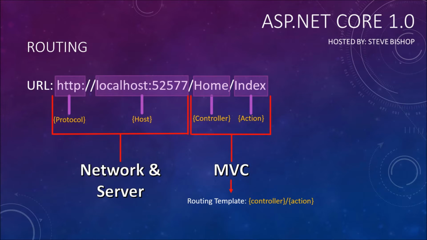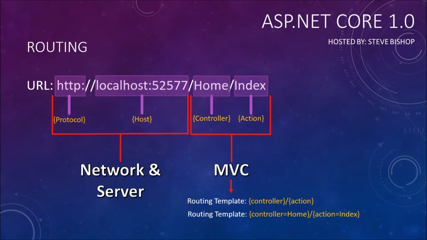Now, there are other options that we can put inside of a template to make it more flexible. We could do things like setting a default. So here we're saying that the default for the controller value is home, and the default for the action value is index.